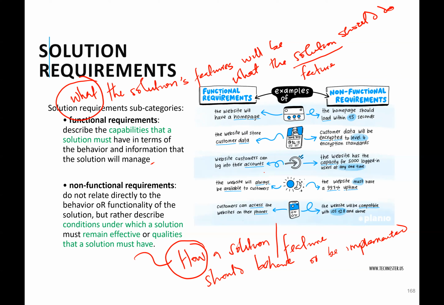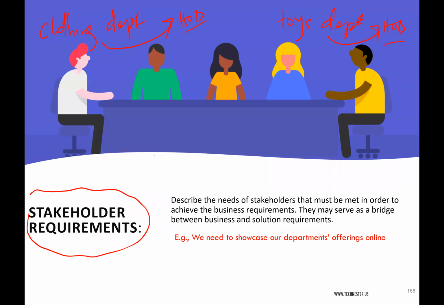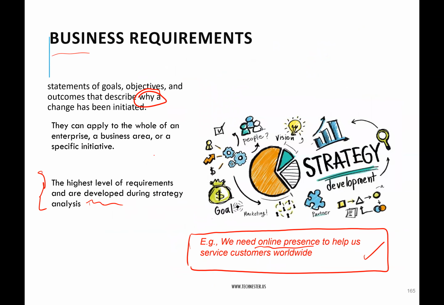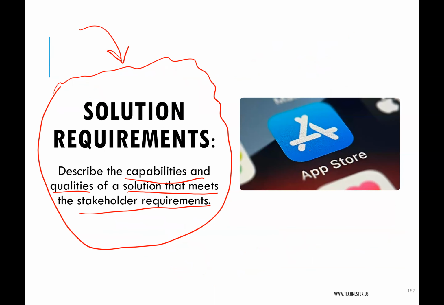So like them, you should know all that. But what gives you even more leverage now is that you know where all these come from. You know that your business need leads to your business requirement. From business requirements, you work with stakeholders to get stakeholder requirements. And from that, you work with your stakeholders again to translate that requirement into solution requirements.